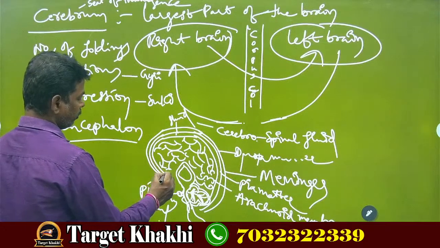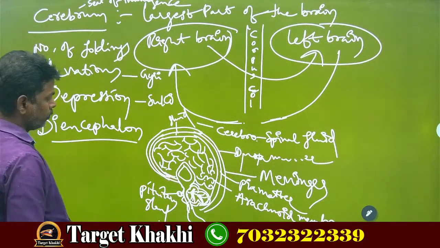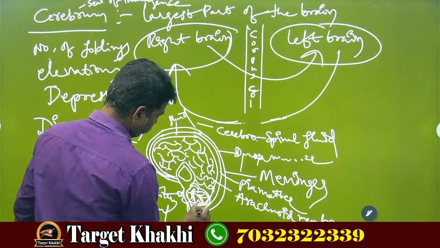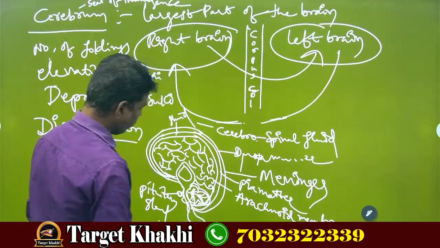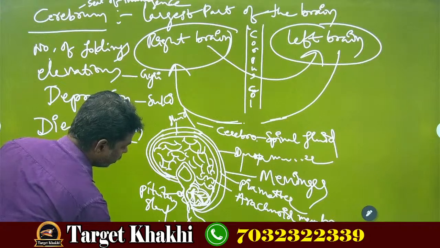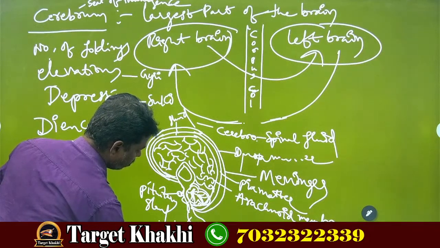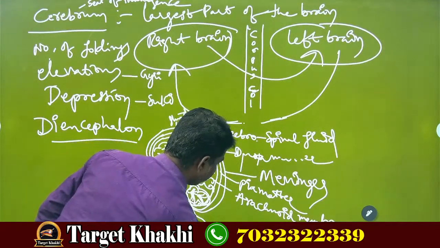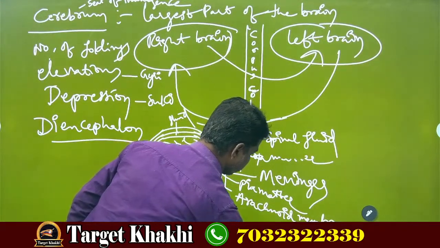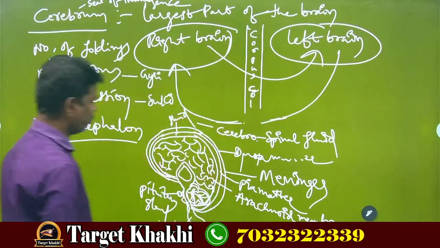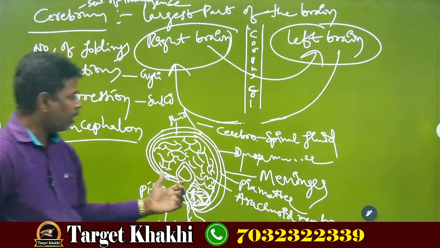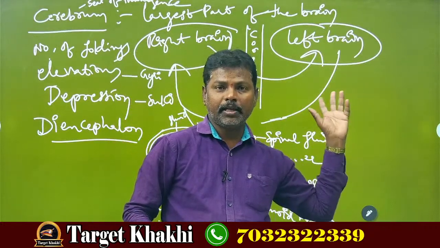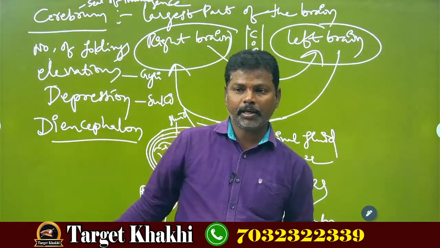Cerebellum. Understood? This is called medulla oblongata. And this is the spinal cord. Understood? I drew a rough diagram of the brain. Already we have seen the colorful picture, but I have drawn a rough diagram.